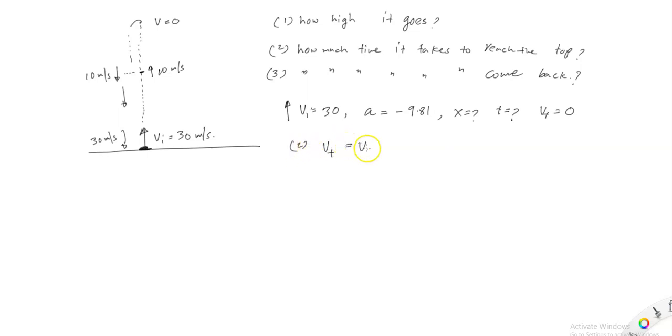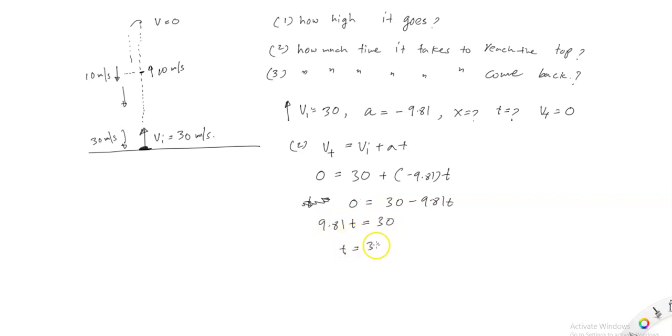v final equals v initial plus at. 0 equals 30 plus negative 9.81 times time. What's the time? When you take this negative to the right hand side, if I write another line, this is 0 equals 30 minus 9.81 t. I'm gonna take it to the other side. I have positive 9.81 t equals 30.